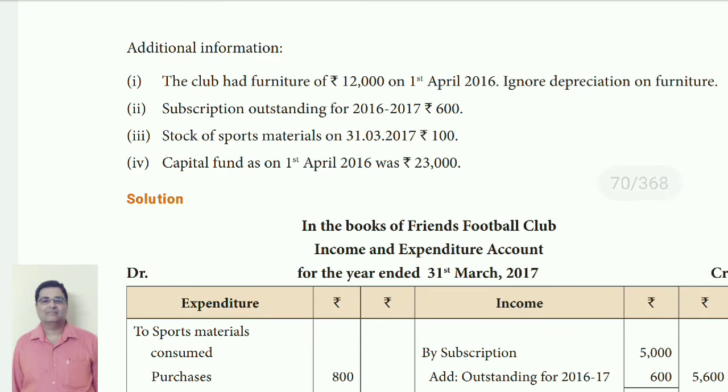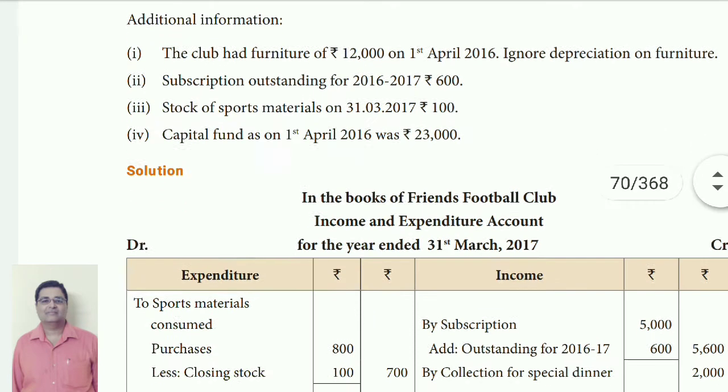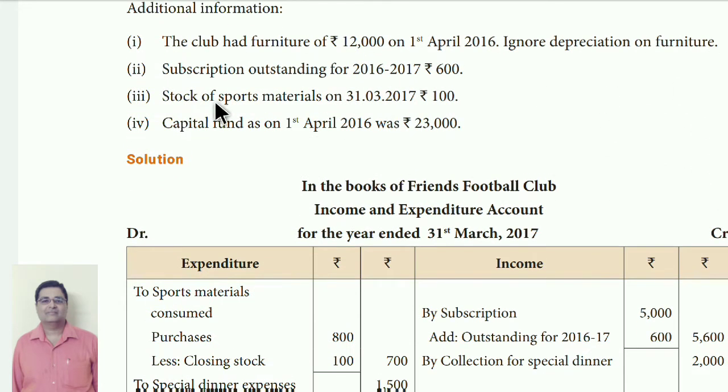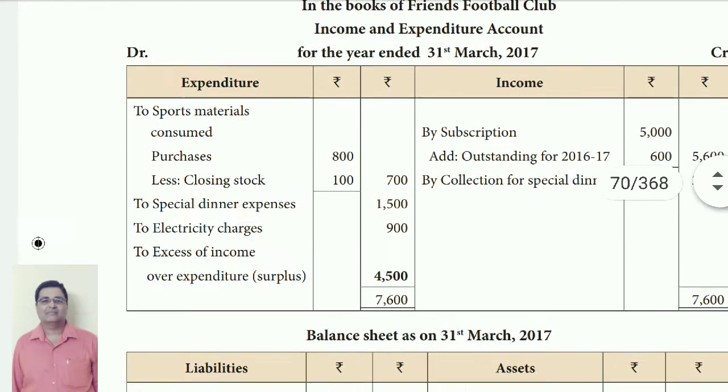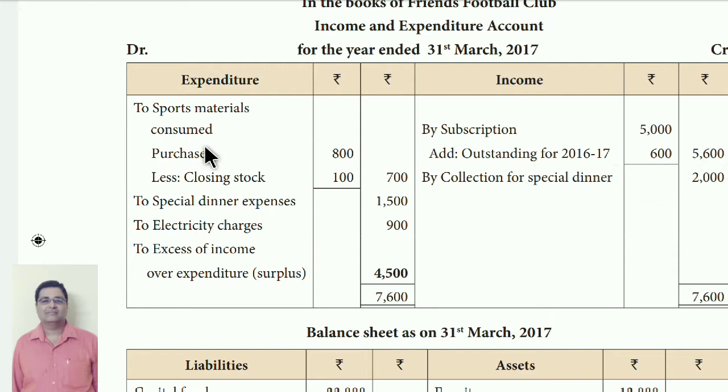Opening is not given, only closing is given, rupees 100, and we purchased 800. Now see the answer in the income and expenditure account: sports material consumed, purchase 800 less closing stock 100, so 800 minus 100, 700.